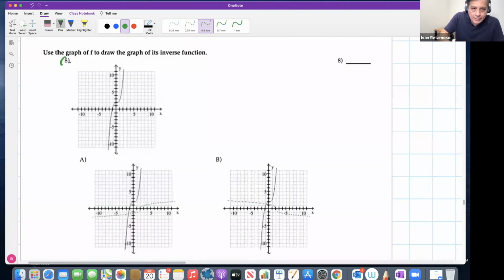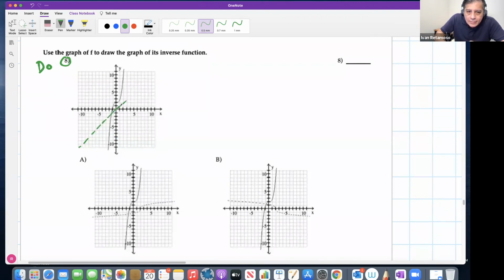Yeah, for this question, guys, try to figure out what should be the answer here, A or B, based on the fact that the graph of a function compared with the graph of its inverse function, they are reflections of each other with respect to this diagonal line, right?